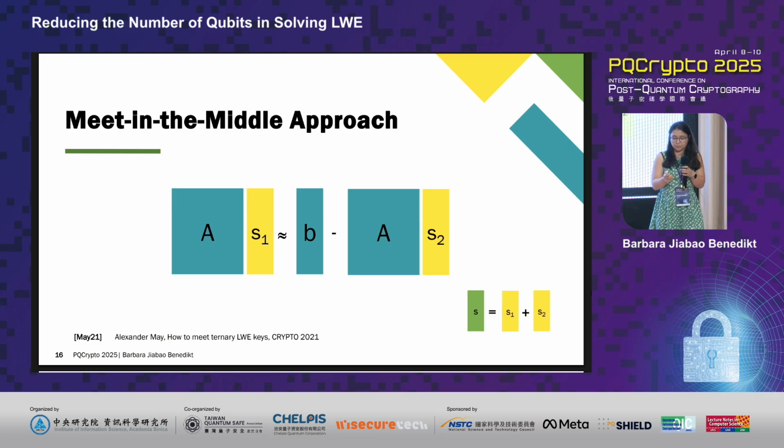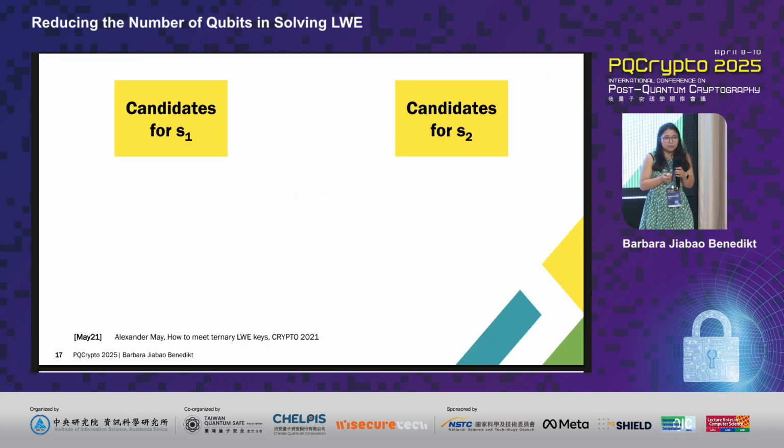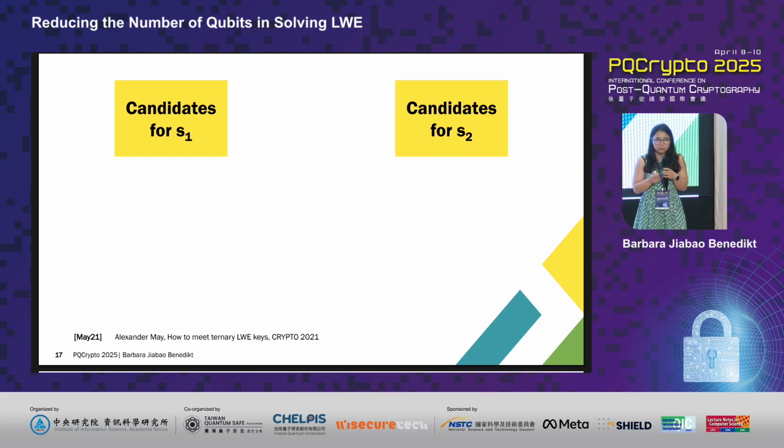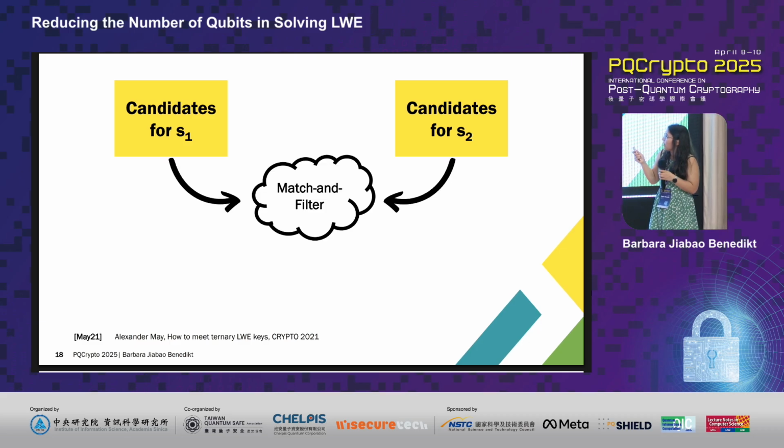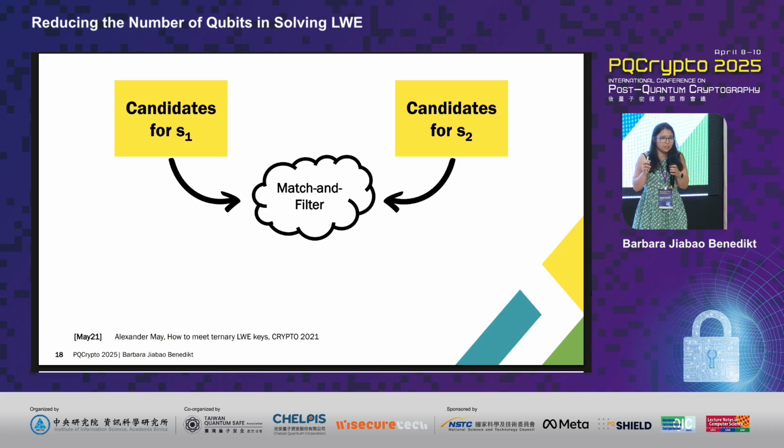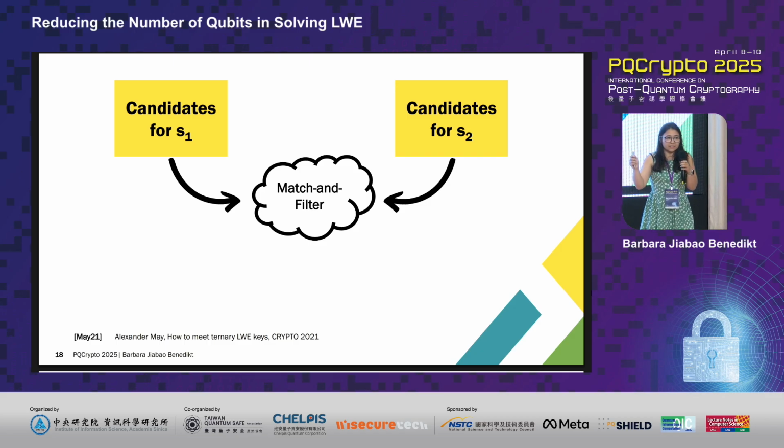On a high level, May's algorithm does this. It samples candidates for S1 and S2 in a way I don't want to specify in my talk. And then there is a cloud in the middle that matches candidates for S1 and S2 and looks for pairs where both sides of the reshaped equation match, and filters for the LWE key.